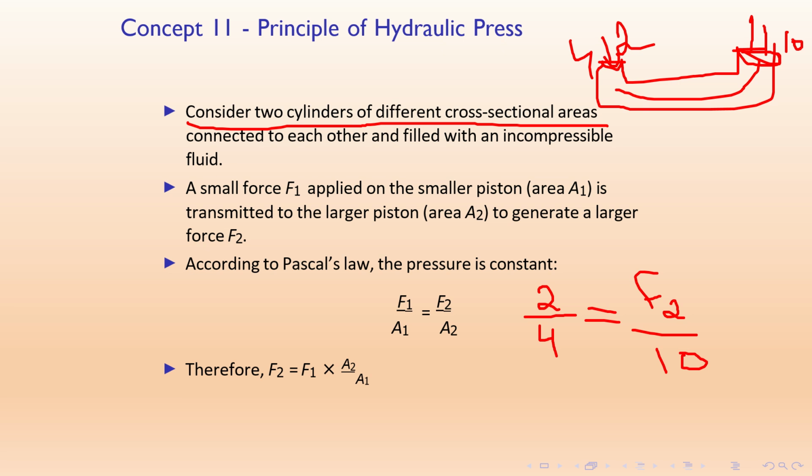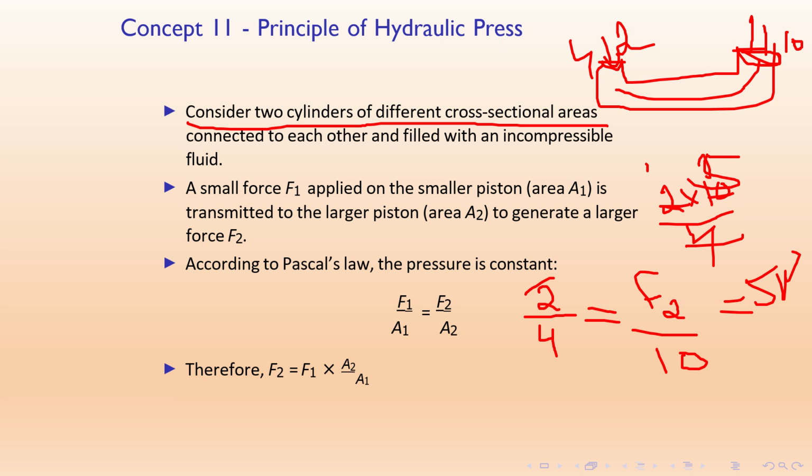Then F2 will become 2 into 10 by 4. 4 twos are 8, so 2 fives are 10, so it will become 5 newtons.